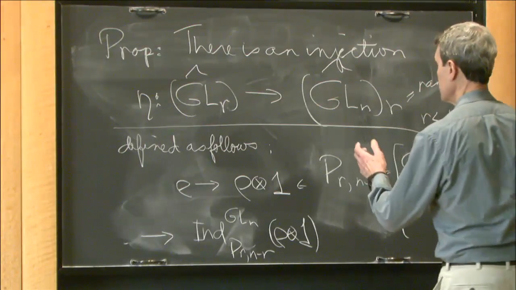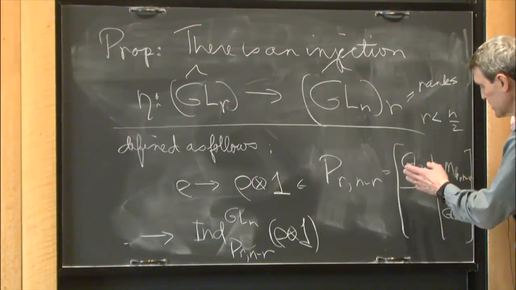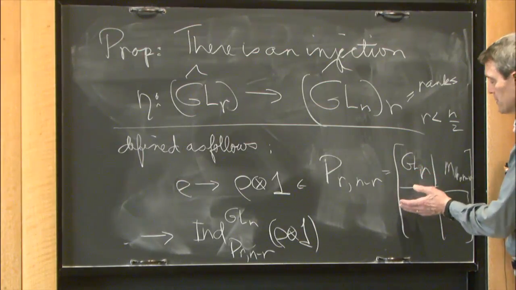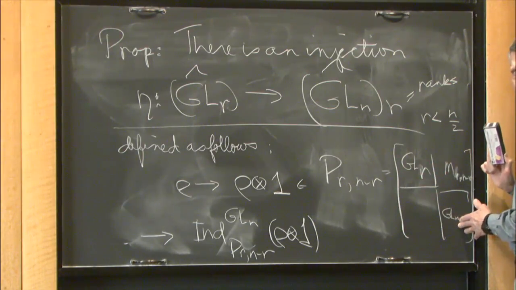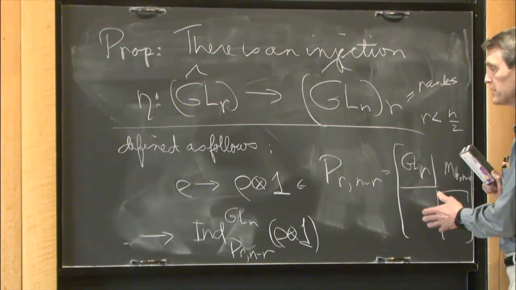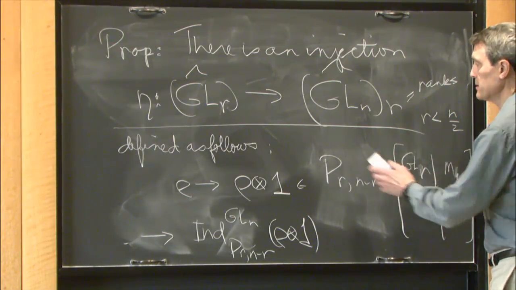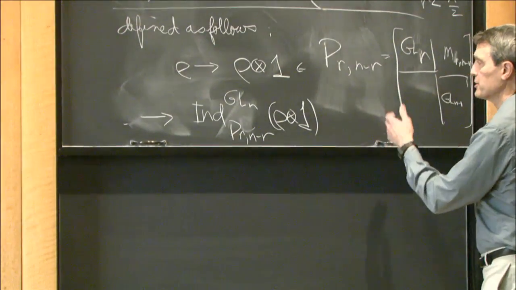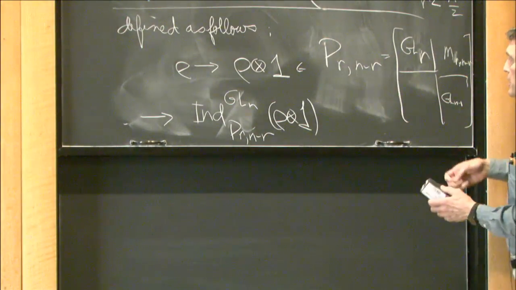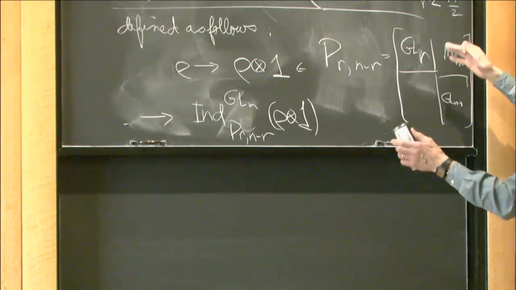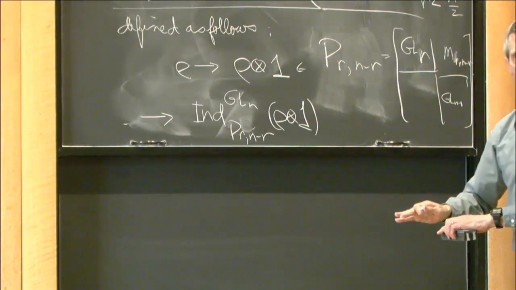This representation won't always be irreducible. Often it will be irreducible, but not always. But as in Shamgar's statement, there's always a unique piece that is not of rank strictly less.